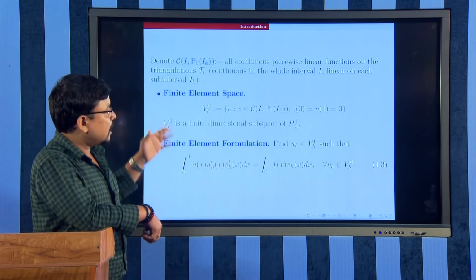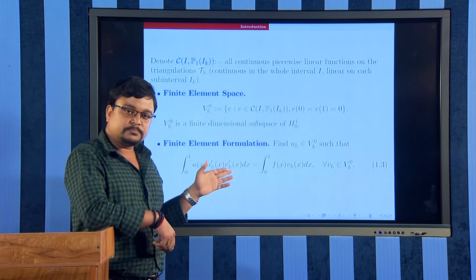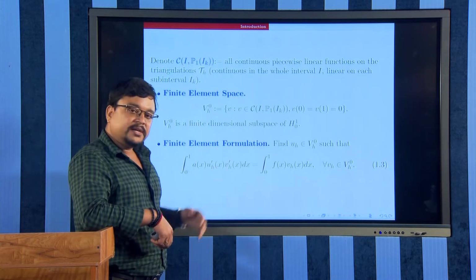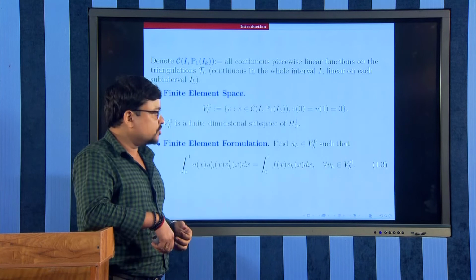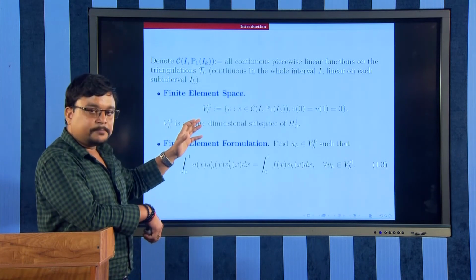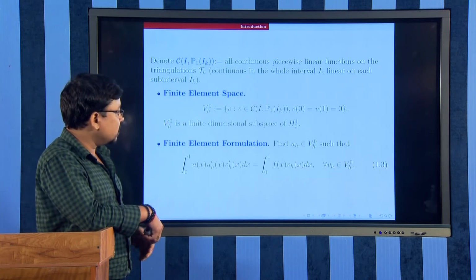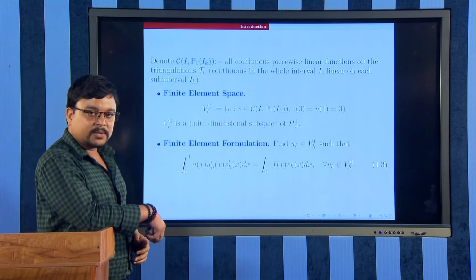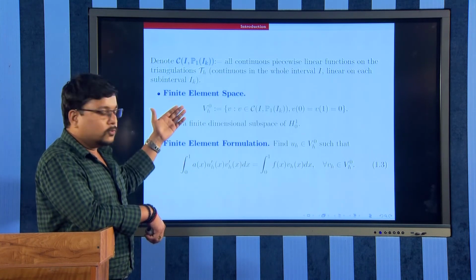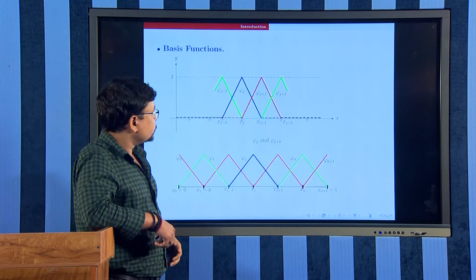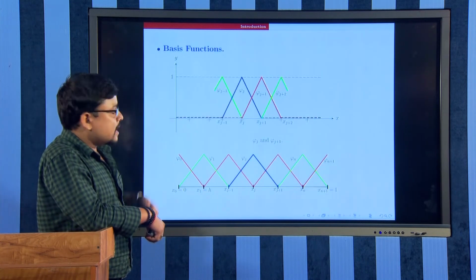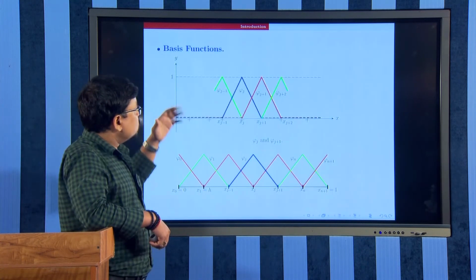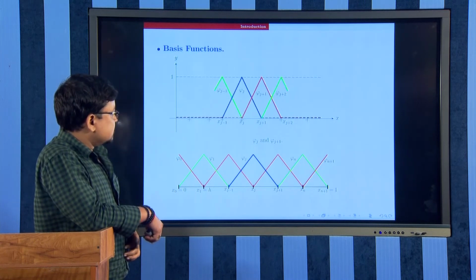So today we have learned how to construct the finite element space for a 1D problem, suppose a horizontal elastic bar, and for a 1D Poisson type problem, how to write the finite element formulation from the weak form. Lastly we will see how to construct the basis functions for 1D.